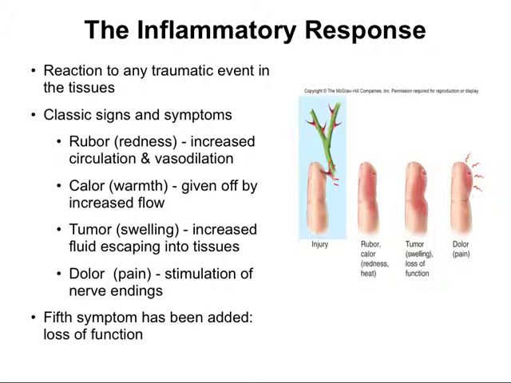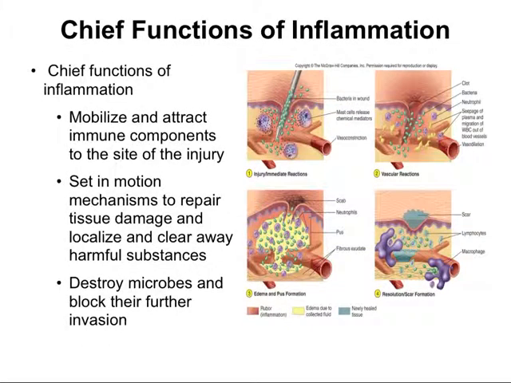And as you're probably aware, in some cases, inflammation can affect an entire system, like the entire lung or the entire circulatory system. There are several chief functions of inflammation. First, mobilization and attraction of immune components to the site of injury. Then we set in motion the mechanisms to repair tissue damage and localize and clear away harmful substances, and then destroy the microbes and block further invasion.